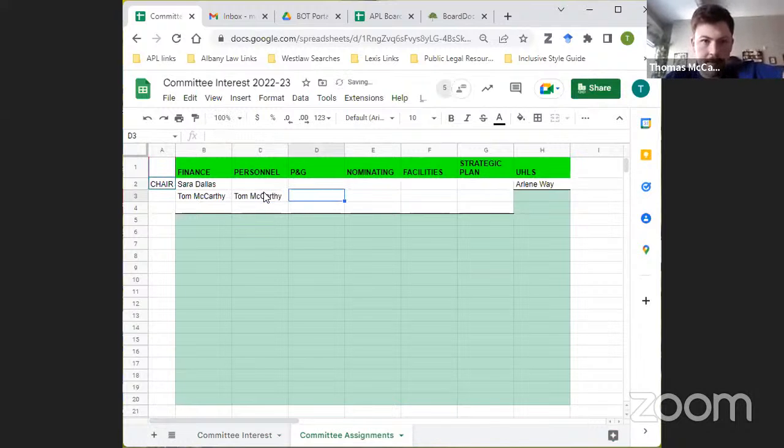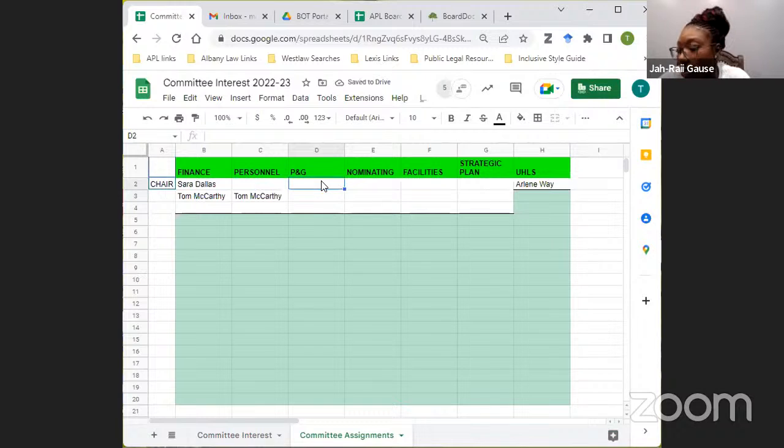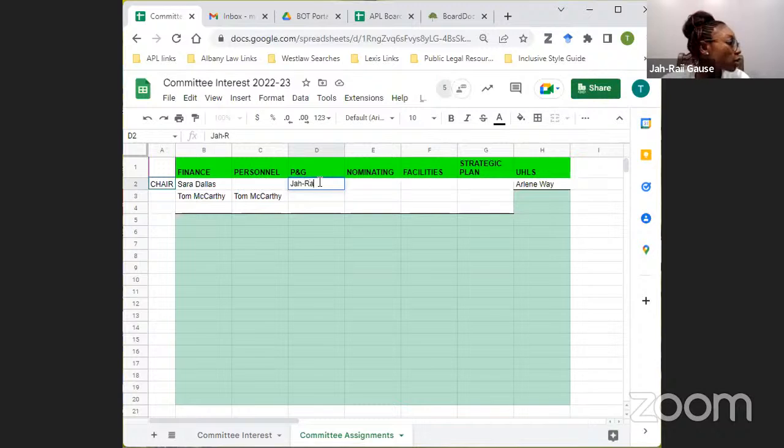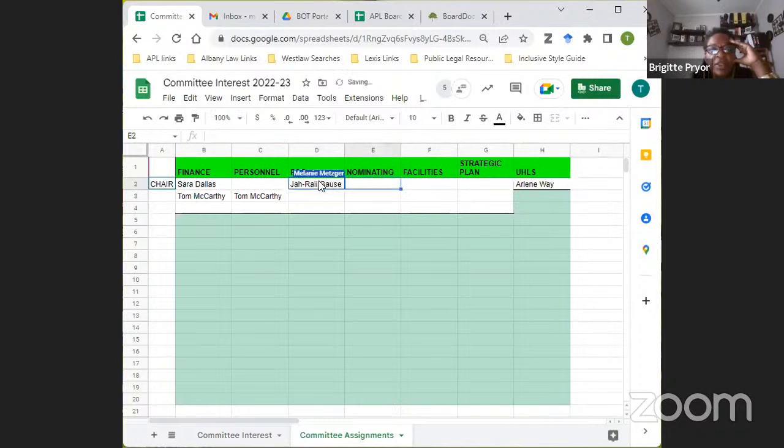So for finance, Sarah is going to be the chair, right? Yeah. And then personnel, Tom is going to be on the committee. We have yet to elect the chair. I would say, her answer is right there, Andrea, but I know Andrea used to be AHA's personnel director as well as the city's, and now she is the school district's personnel director.